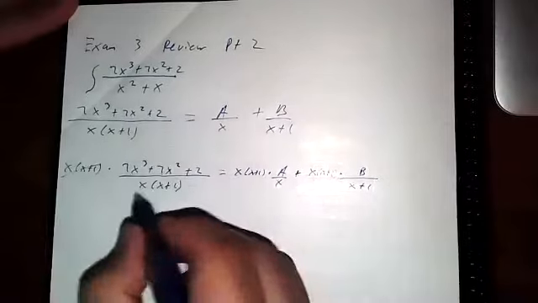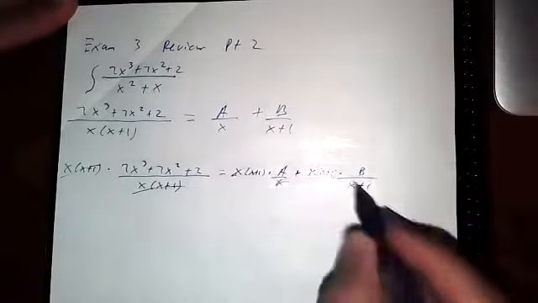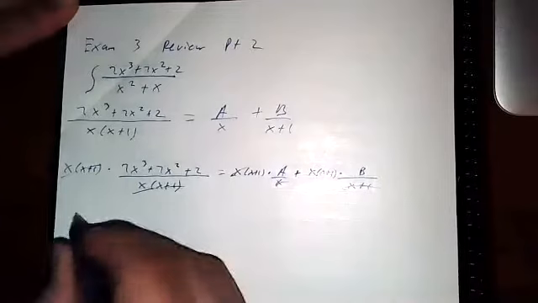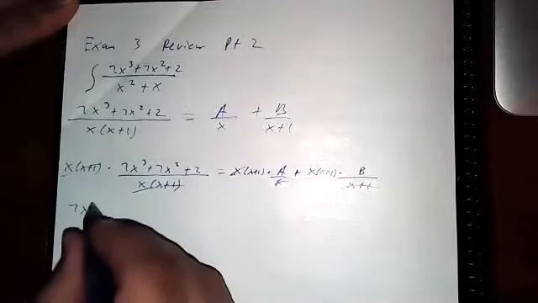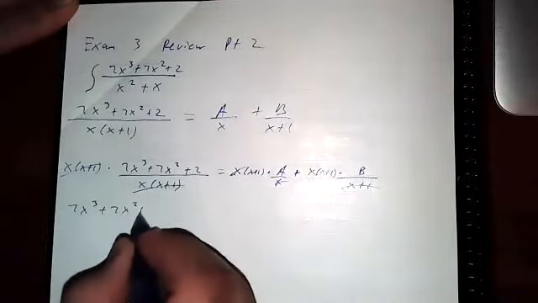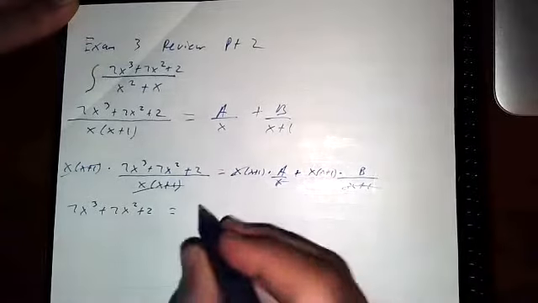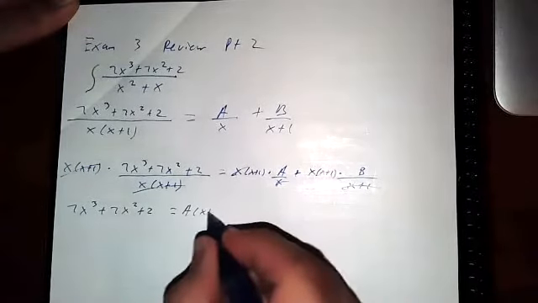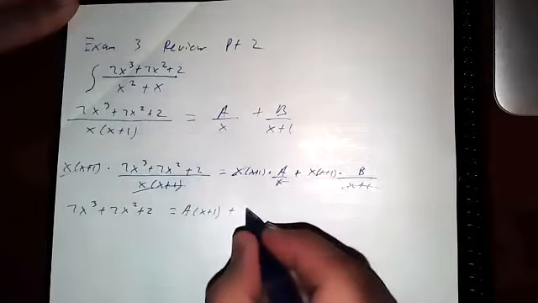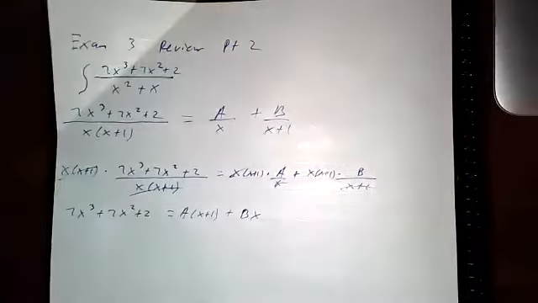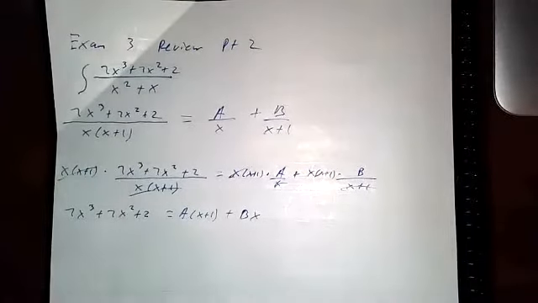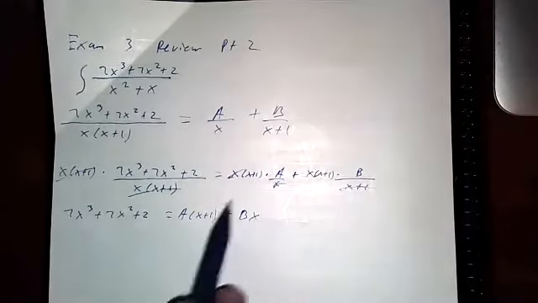So one of these will cancel. X plus 1 is gone, so we'll be left with 7x cubed plus 7x squared plus 2 equal to a times x plus 1 plus bx. Right, because this x will be times that b, a times that.